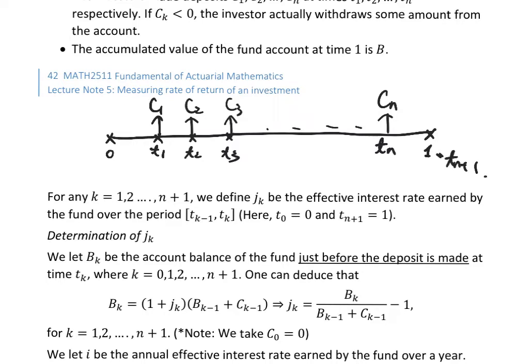What I'm going to do is divide the whole time horizon into many small periods, just like that. So this is your period 1, and then this is your period 2, and then this is your period 3, and then that is your last period.